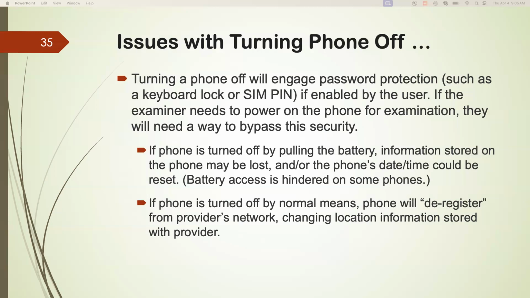The issue with that is, whenever you shut down a phone, you can just press the power button, keep pressing it for a couple of seconds until it shuts down. The consequence of that is, when the phone shuts down, it deregisters itself from the cellular network.